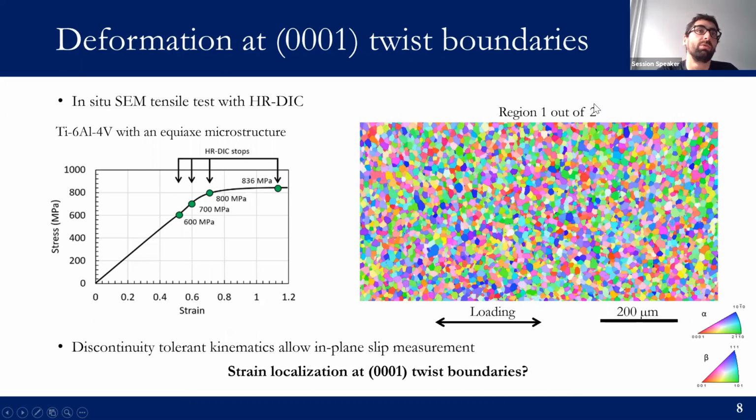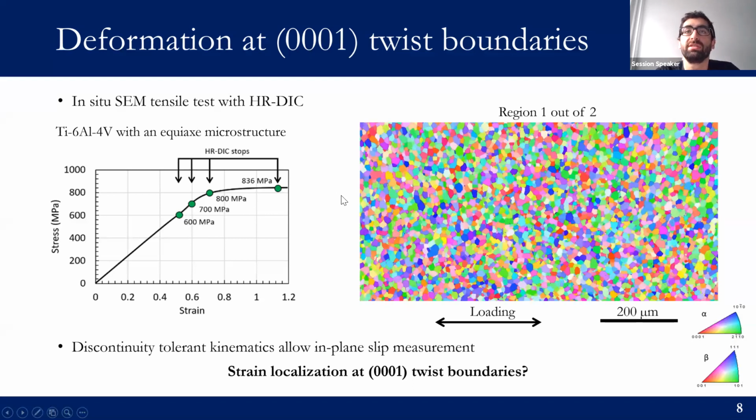The sample was loaded inside the scanning electron microscope, and 4 stops have been achieved for applied stress levels between 600 MPa and 836 MPa. 2 regions of interest have been monitored.